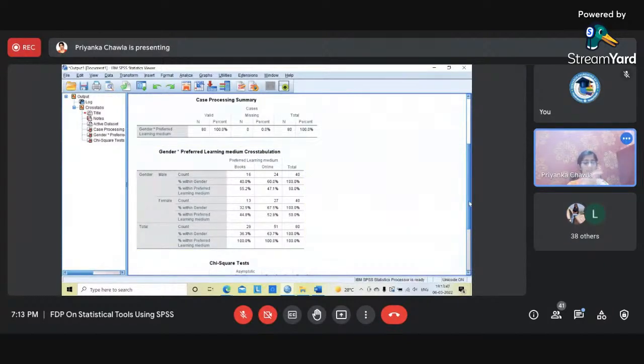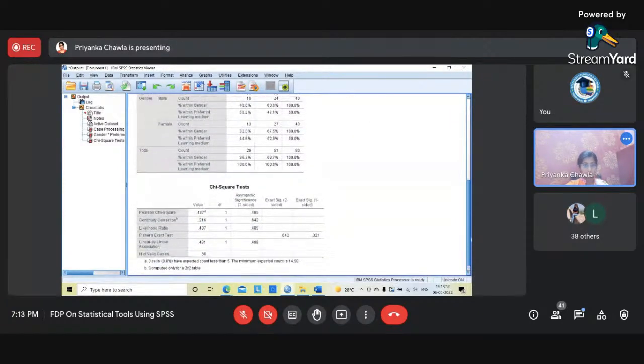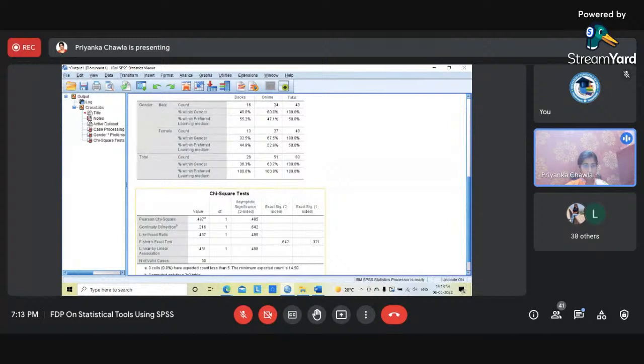Can you see some variation? If not, you can see this chi-square Pearson. What is it saying? What is the p-value saying? 40%, 32%, 50%, 67%.